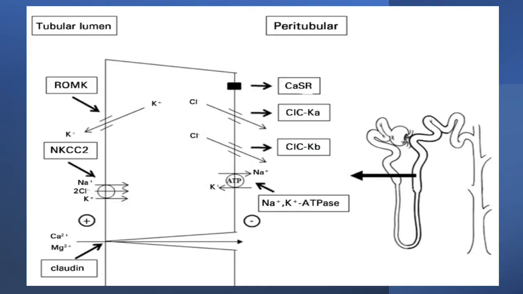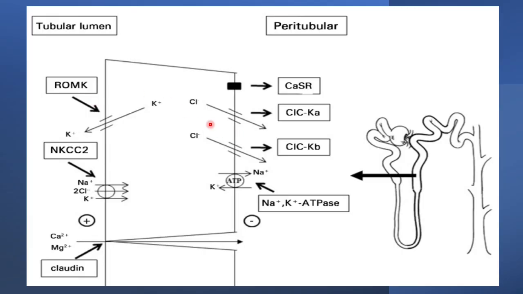Continuation of the last slide. This is the thick ascending limb of Henle. We can see this 1 sodium, 1 potassium and 2 chloride transporter. The name of this is NKCC2. The potassium which comes inside is balanced by another leaky channel, the renal outer medullary potassium channel, the ROMK channel.